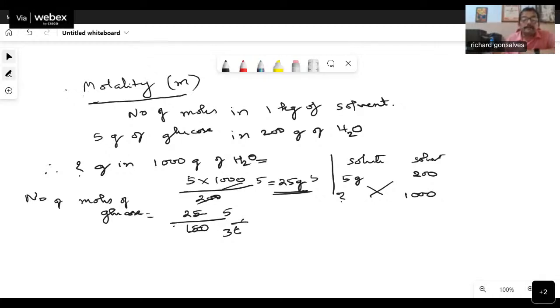Therefore, you would get something like 5 by 36. This is the molality, given as small m. I am not working out the fraction, it comes 5 by 36. You can take a calculator and find. This is called molality. There is a difference between molarity and molality. Please remember. Fourth one.